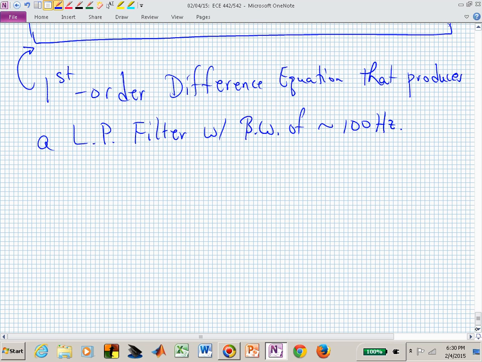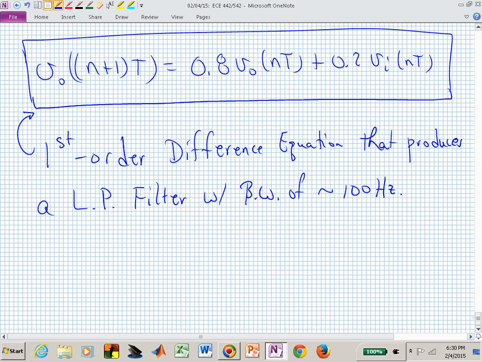What if we inject into that now a similar sine wave or cosine wave that we had before? What if v sub I of nT is equal to 2 cosine 500? Now what do we do? We want it to be similar to what we were doing in the continuous time case, and that was 500t. What are we doing with t? We're just sampling it, aren't we?